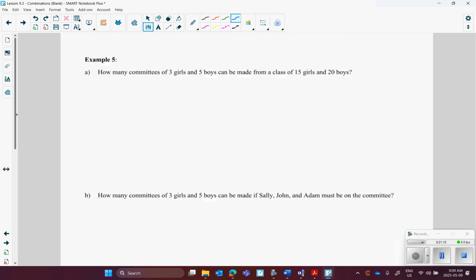Another one. How many committees of 3 girls and 5 boys can be made from a class of 15 girls and 20 boys? How do you think you'd do this? 15 choose 3 for the girls times 20 choose 5 for the boys.